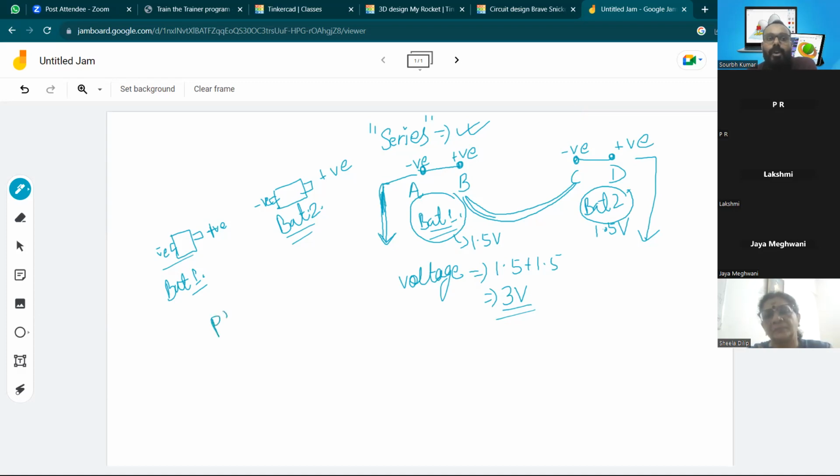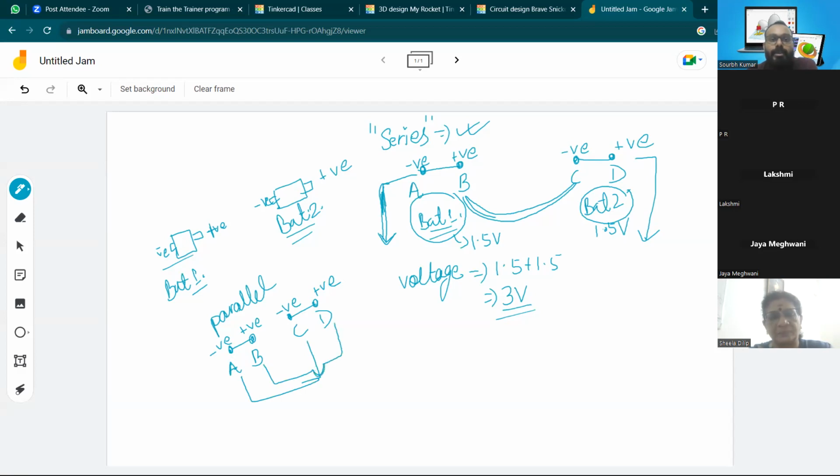But in parallel, what we are doing is connecting two of the pins, like A and B, and here we have C and D. So this one is negative, this one is positive, and this one is negative, and this one is positive. So what we have to do is connect the negative to negative and positive to positive.